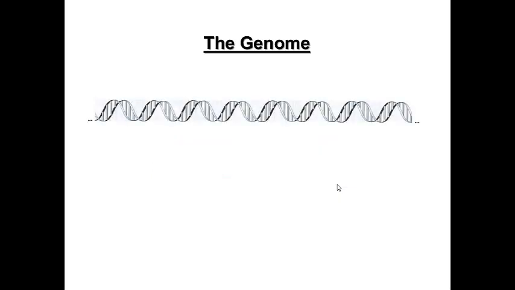All right, so finally, back to the genome. So right here, you have this representative DNA molecule, and everyone is probably familiar with this double helix shape that a double-stranded DNA molecule takes on.